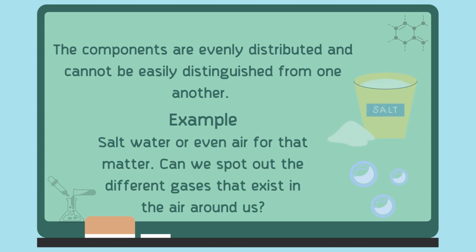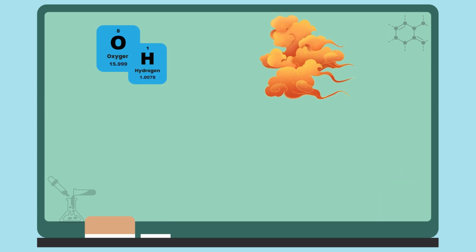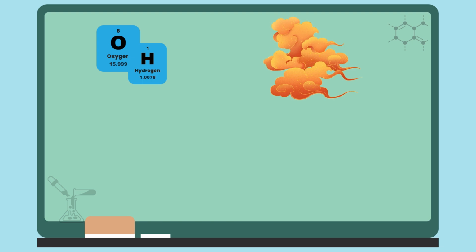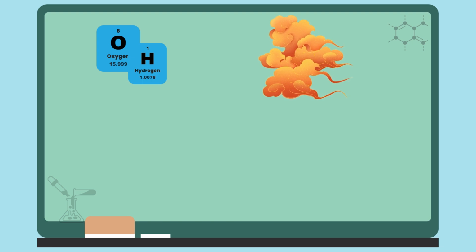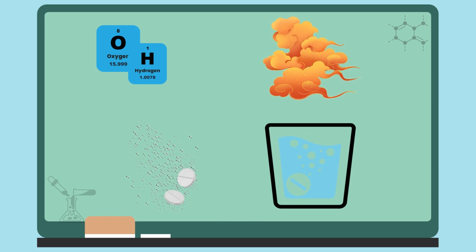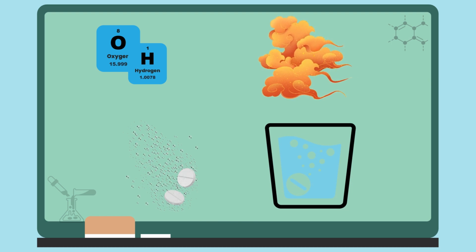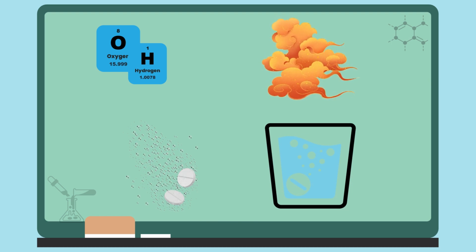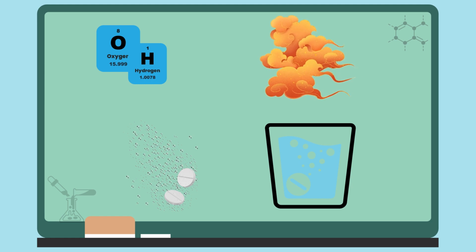Can we spot the nitrogen and the oxygen and the hydrogen away from each other in the air we breathe? No. These solutions can be solid, liquid, or gaseous and are formed when a solute, the dissolving agent, dissolves in a solvent, which is the agent that takes in the dissolving agent.